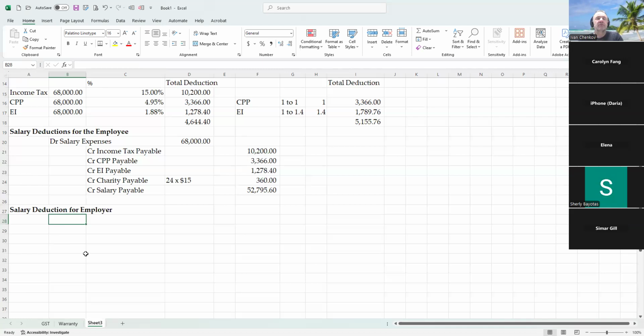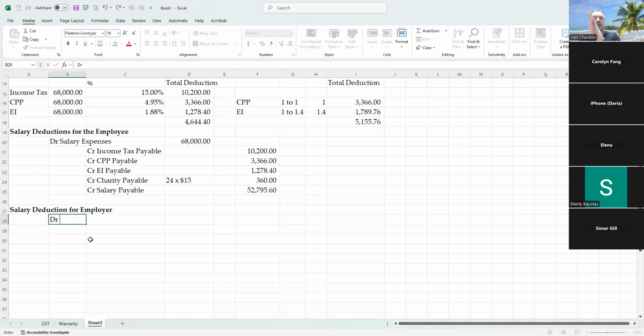Give me an idea: which account should I debit now? That will be the credit, the salary payables. Which payables are we going to calculate? Those two payables, no questions about it. But I need a debit here. What will be the debit?